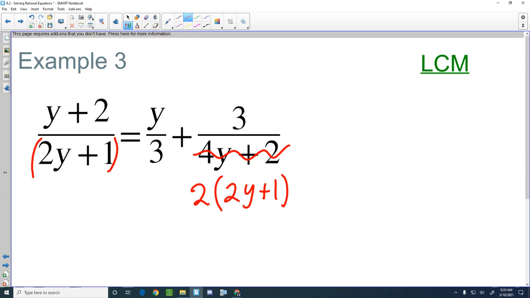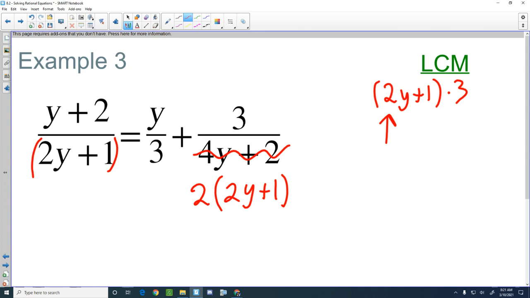So obviously, we see that there is a 2y plus 1 in those denominators. What else do you see in some of those denominators? There's a 3. So we've got to put a 3 in there. Anything else? The 2. Do we need the 2? Even though we technically have a 2 right there, don't we? Do I need a separate 2, though? Is that a different factor? It is, right?